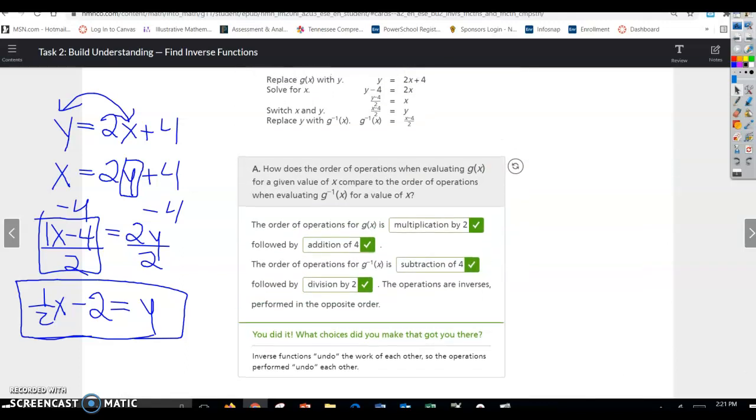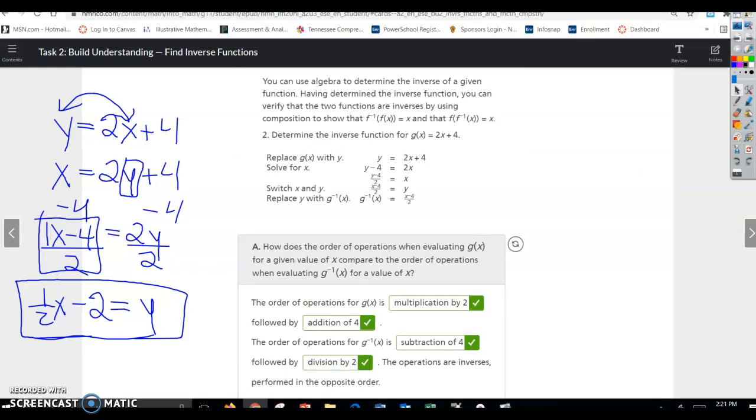If you want to verify this, you just choose a number. Let's choose something like 1. So if we have y equals 2 times 1 plus 4, we get 2 plus 4, which is 6. So we take 6 and plug it into the inverse function.